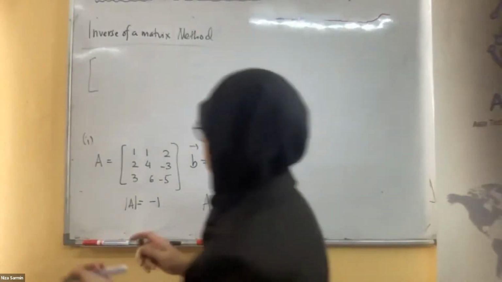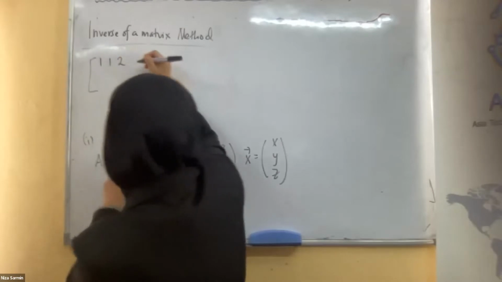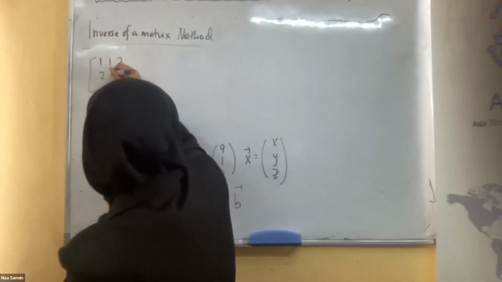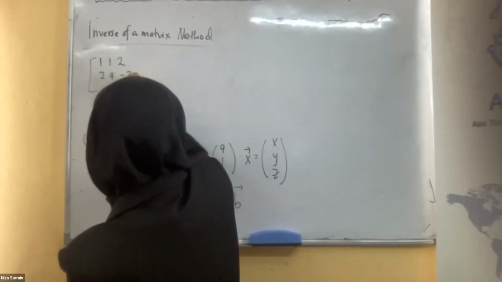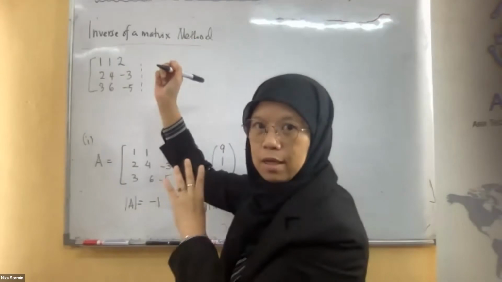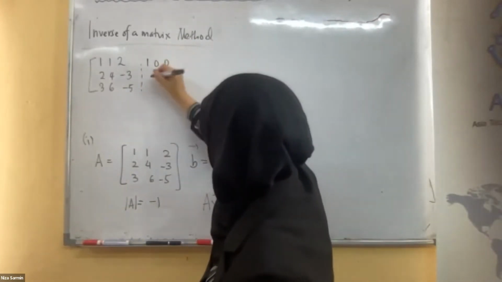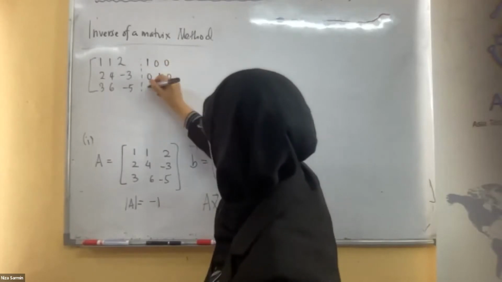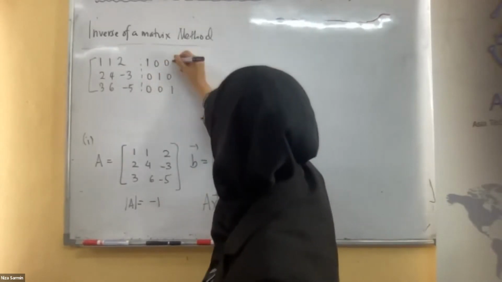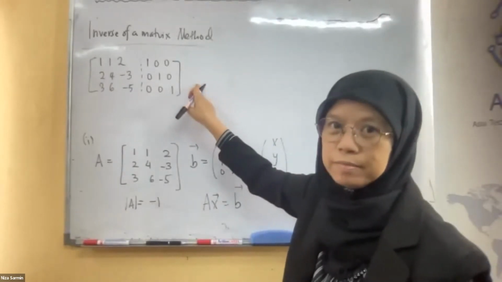Okay, so 1, 1, 2, 2, 4, negative 3, 3, 6, negative 5. You write A on the left, and then you add the identity matrix on the right.